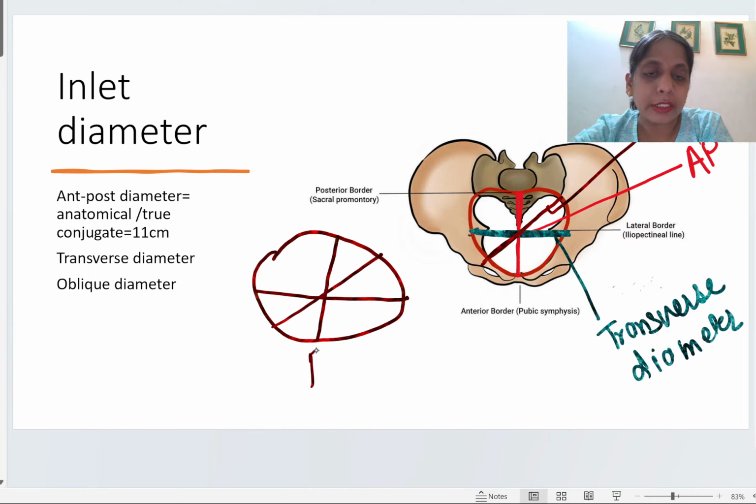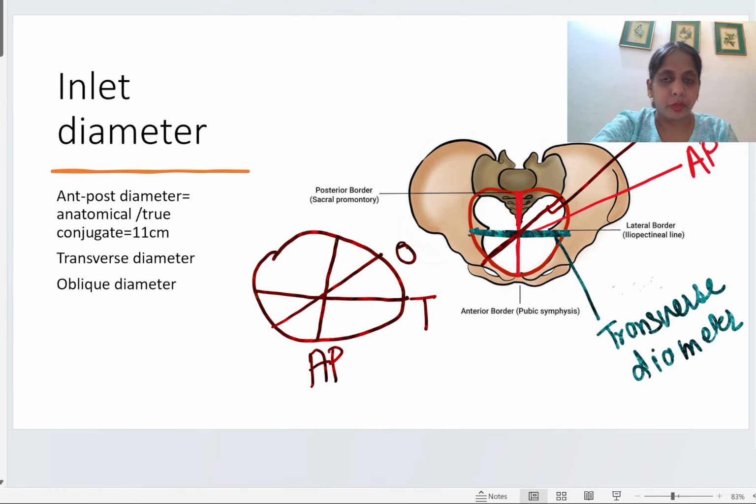So this is the antero-posterior, this is the transverse, and this is the oblique diameter. These are the three diameters.